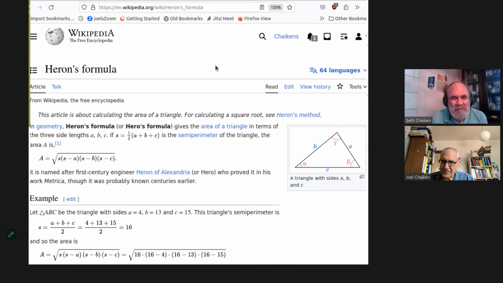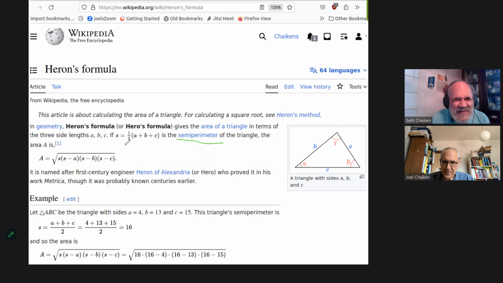Let's see. Can I do annotation on this? Sure. Yeah, I'm going to do annotation on Heron's formula. It gives a formula for the area of a triangle in terms of these quantities: S, called the semi-perimeter, and the lengths of the three sides.